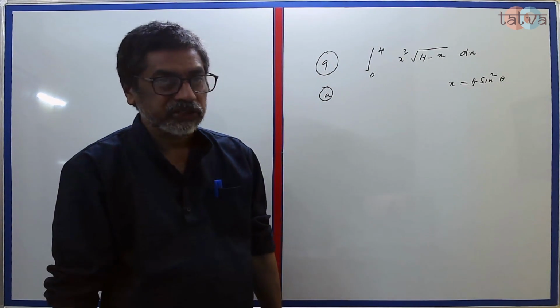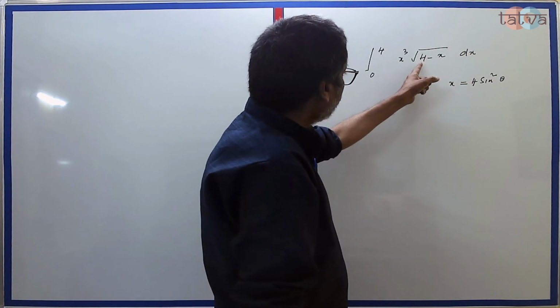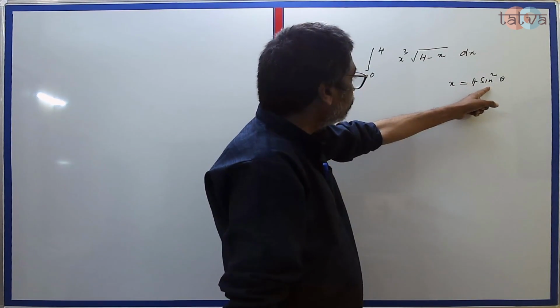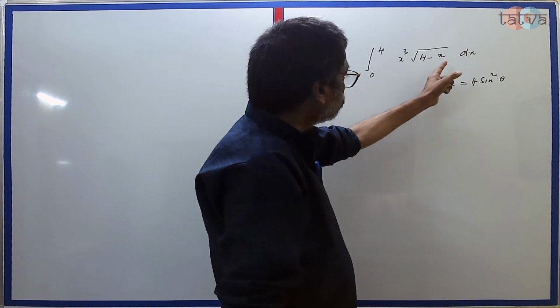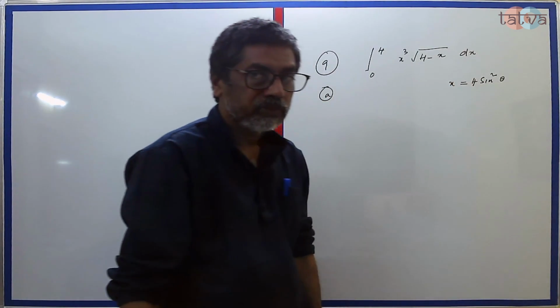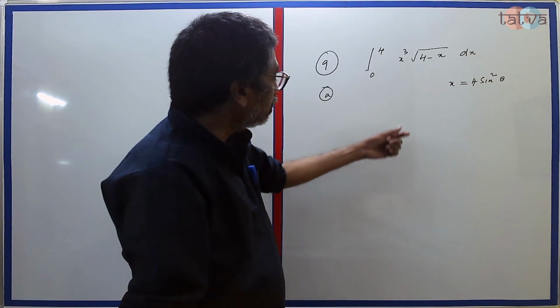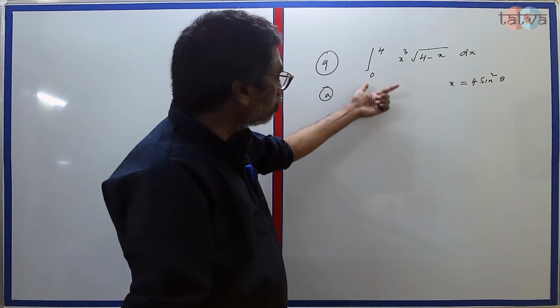What's the justification? 4 minus x would become 4 minus 4 sine square theta. That would reduce to 4 cos square theta. So it gets compacted. And you'll also see the substitution has got something to do with the limits also.